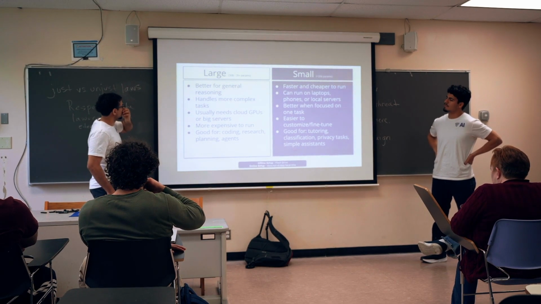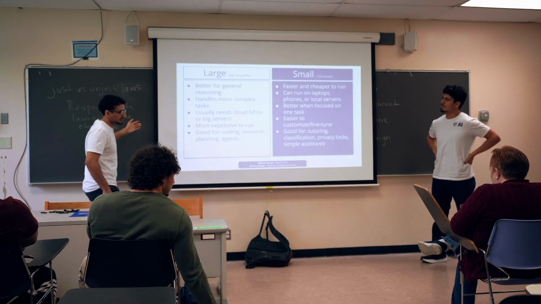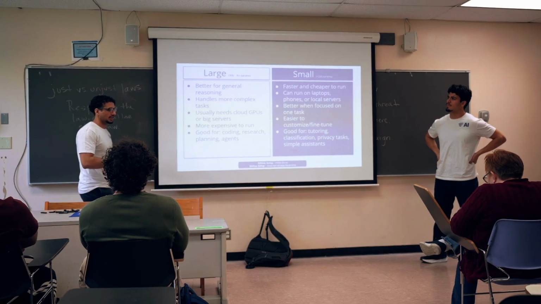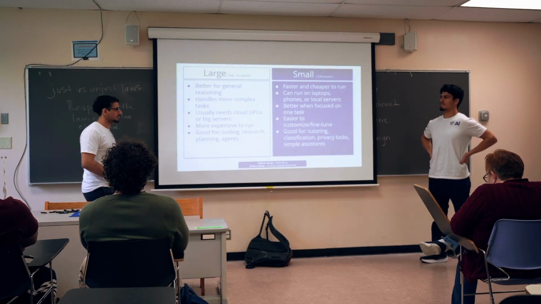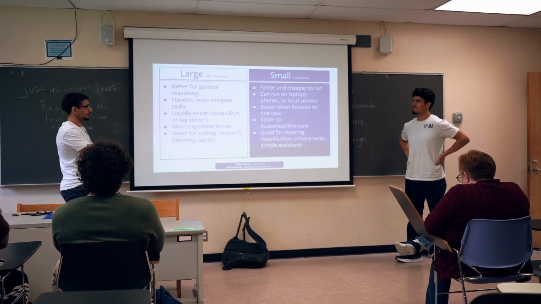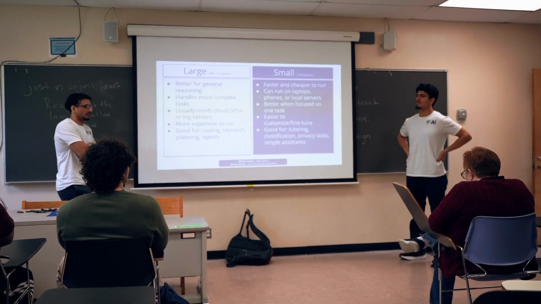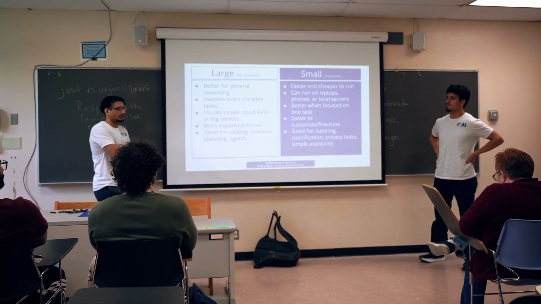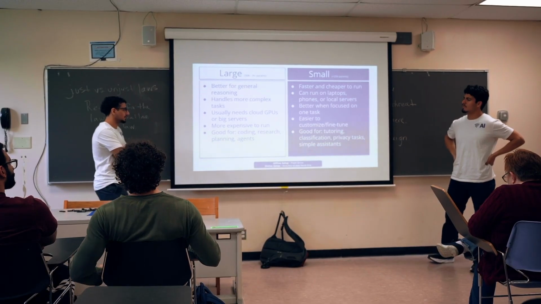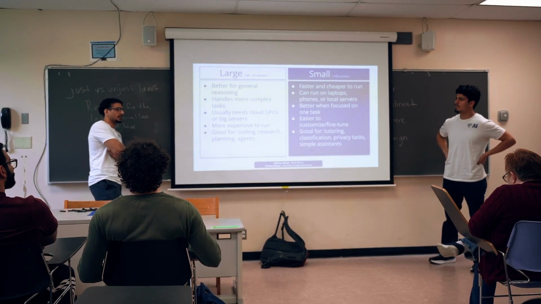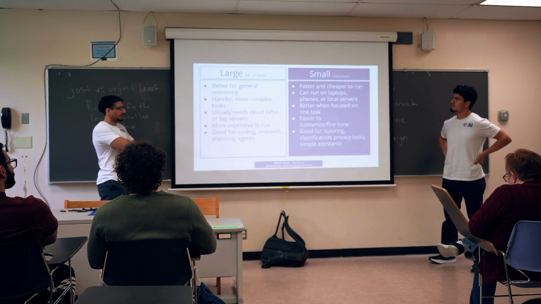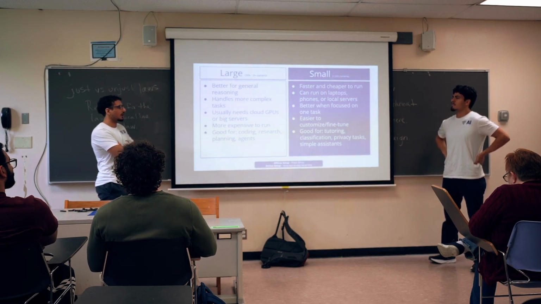And so for large models, it's better for general reasoning, and it handles more complex tasks, like the state-of-the-art ChatGPT, Opus, all the Claude agents, and it needs cloud GPUs and big servers, these massive data centers. A lot of the concern is centered around that. And it's more expensive to run, but it's good for your coding, your research, your planning, and your agents. But we'll touch on this, that the use case, it's not always needed.